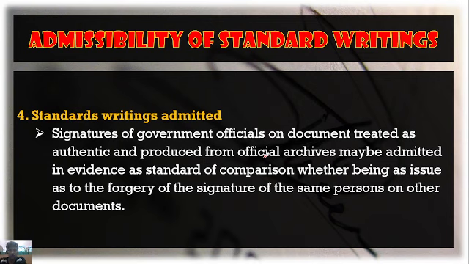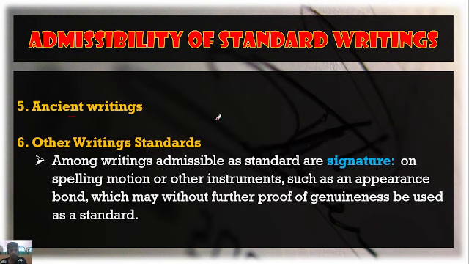So anyway, those documents signed by the government officials or assigned to those government agencies, with their signatures, then we can say that is treated as authentic also. And ancient writings, so long as it has connection with the case that is being involved. What else?